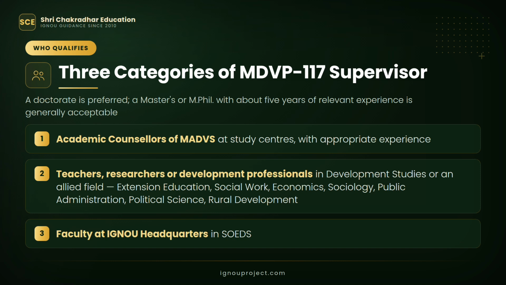Second, teachers, researchers or development professionals in development studies or an allied field, which includes extension education, social work, economics, sociology, public administration, political science and rural development. A doctorate is preferred here, and a master's or MPhil with about 5 years of relevant experience is generally acceptable.